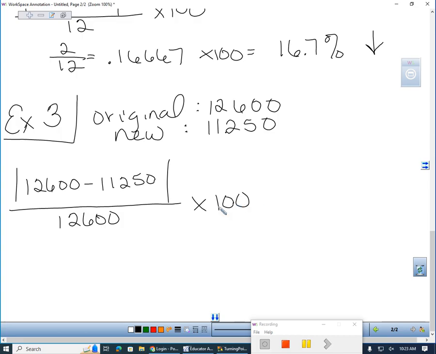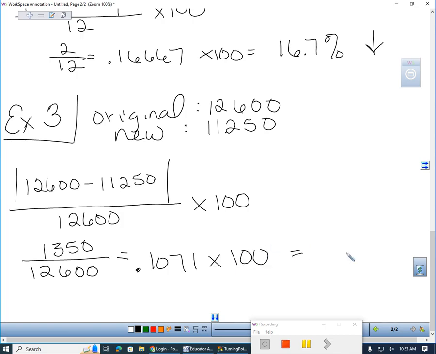So first we start by doing the top. 12,600 minus 11,250. Yes, we get 1,350 divided by 12,600. And I got 0.1071 times by 100 equals 10.7%.